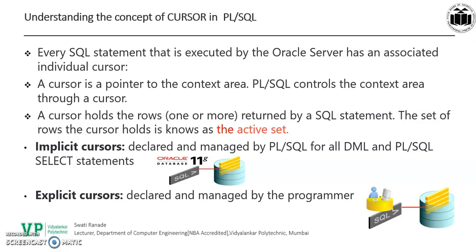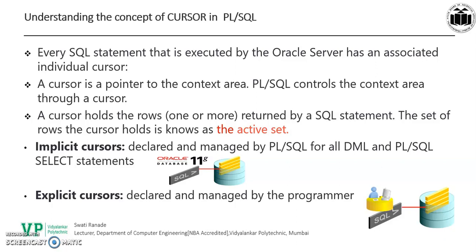The Oracle server, or database server, helps us to execute our SQL statements. To execute those statements, it requires a memory area, and that memory area is nothing but the context area. A cursor is a pointer to that context area, and PL/SQL controls the context area through a cursor.